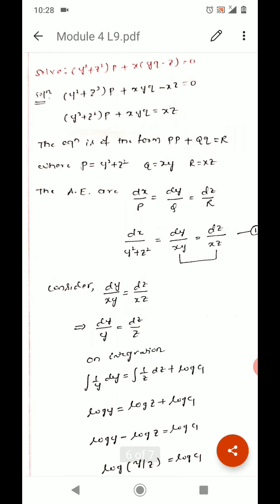So this is in the standard form P p plus Q q is equal to R, where capital P is y square plus z square, capital Q is xy, and capital R is xz.